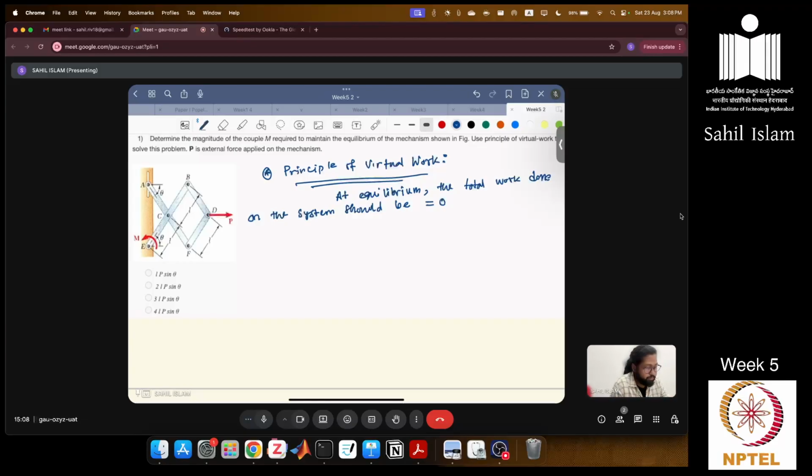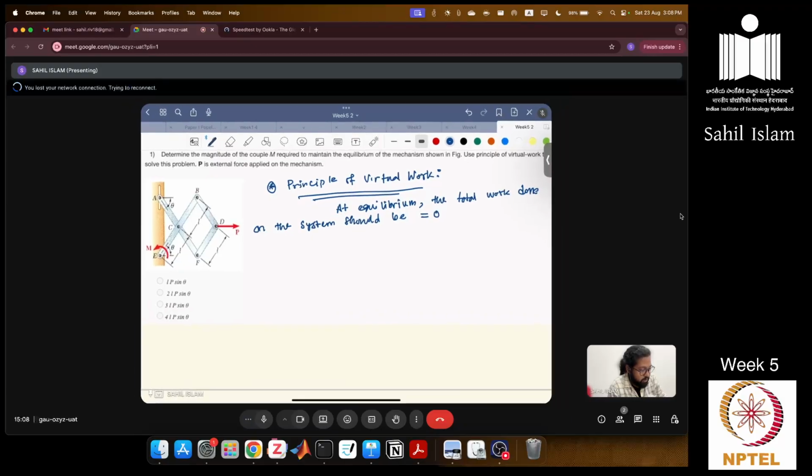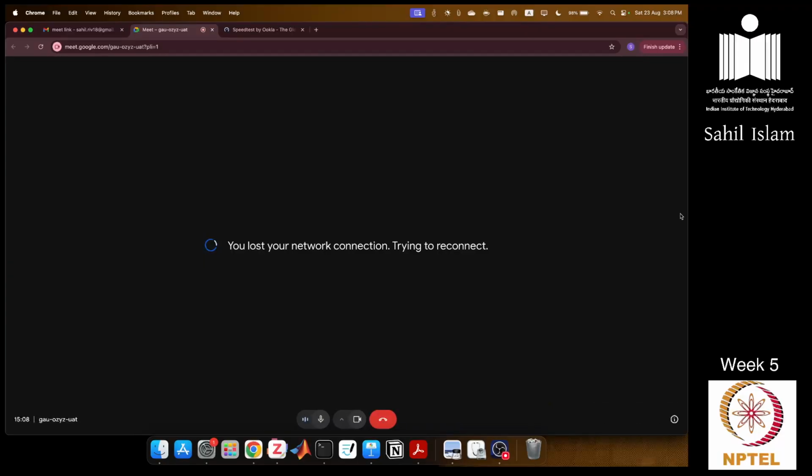Now what is the total work done? It is this couple, and if you move this by delta theta, then the work done due to the couple is M delta theta, plus P, and if P creates delta x of displacement, then it is P delta x.